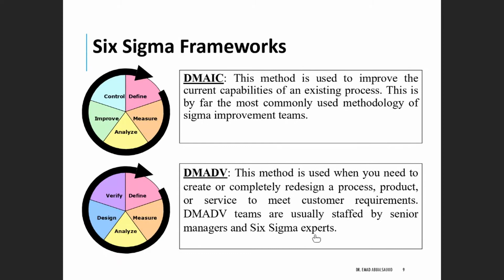And by the way, sometimes you work on the DMAIC framework and you come to the analyze phase, and the results of the analyze phase say that maybe there will not be a chance to improve the existing process or the product or the service you are working on to meet the customer requirements.